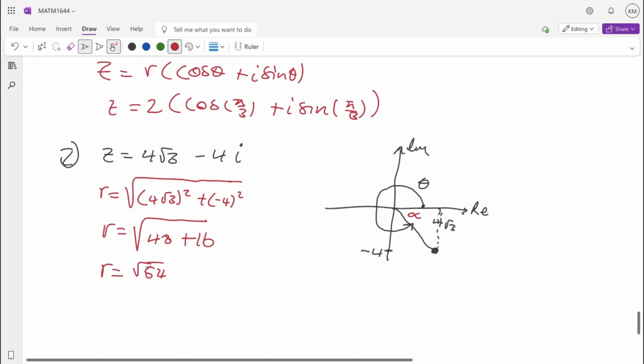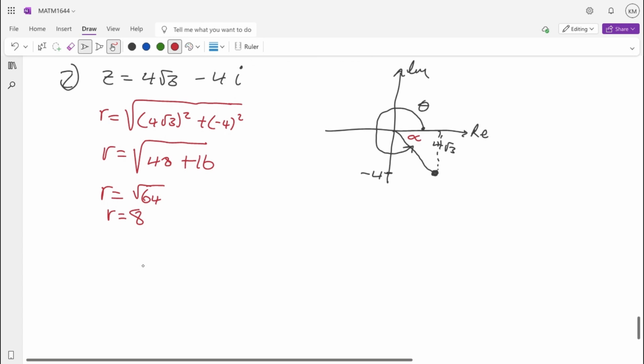Oh, it's not 54, it's 64 there. If you confirm that, you're going to get 64. Then the root of 64 is just going to be r equals 8. So we get our modulus, it's 8.